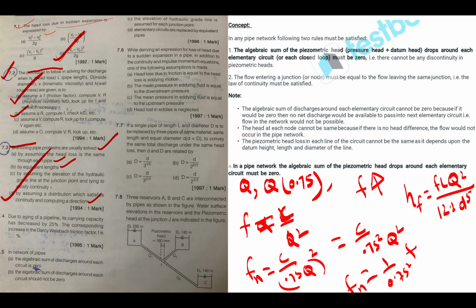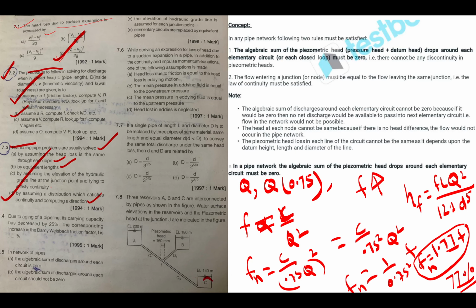So let me calculate how much. It will come around 1.77 F, so your F new is equal to 1.77 F. It means your value increases by 0.77, and 0.77 means 77%.